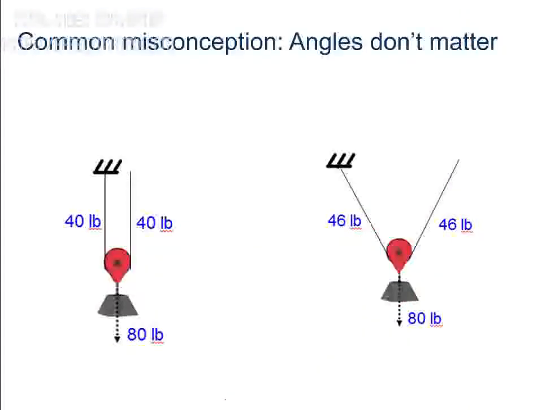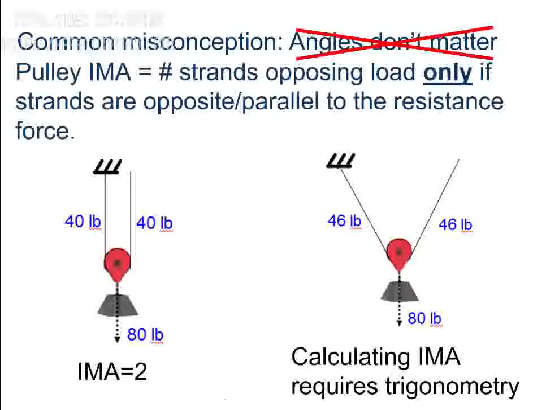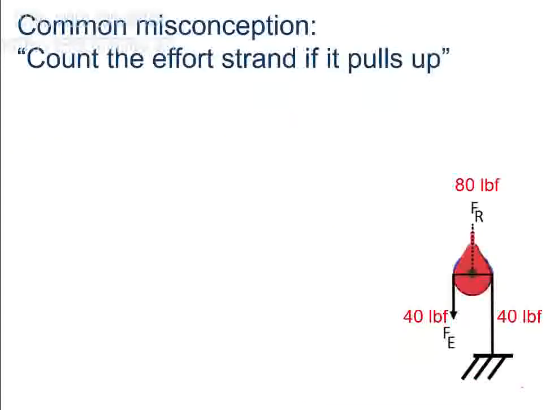Common misconception: angle does not matter. Whether at a different angle or not, the mechanical advantage of the pulley is not similar. Here, the ideal mechanical advantage is 2 for this, but for this, you must use trigonometric identity. The other common conception is to count the effort strand if it's a pulley up.